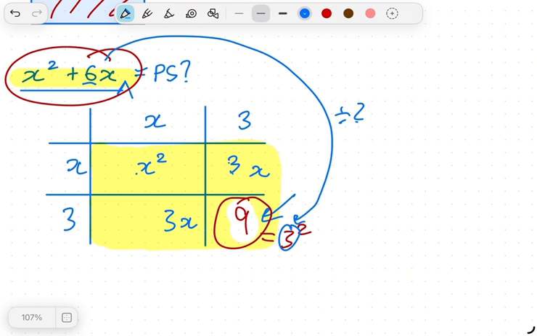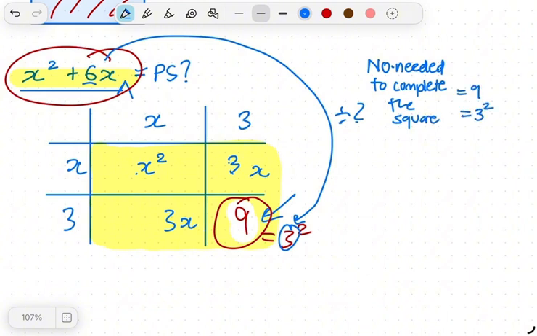Which means the number needed to complete the square is 9, or 3 squared.